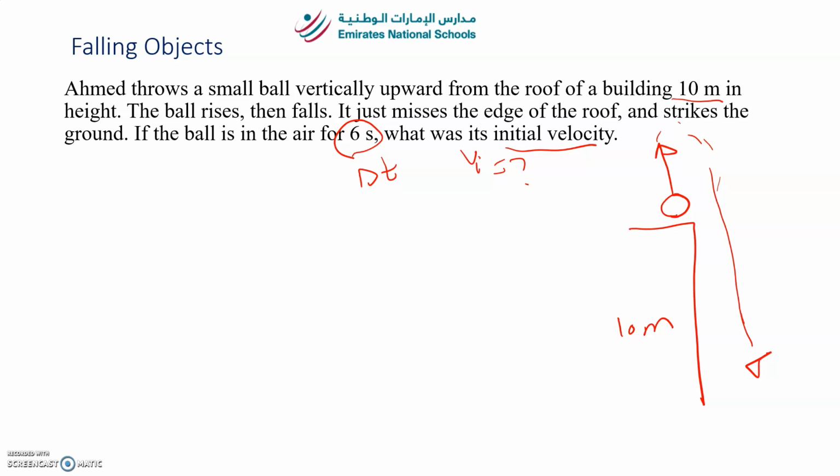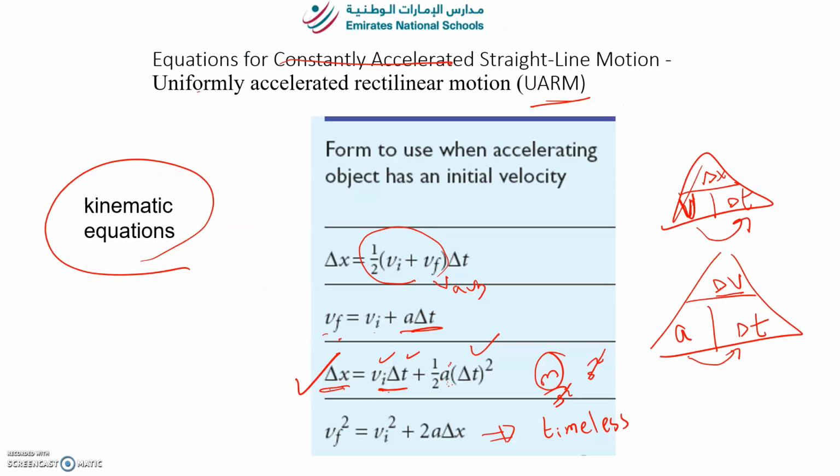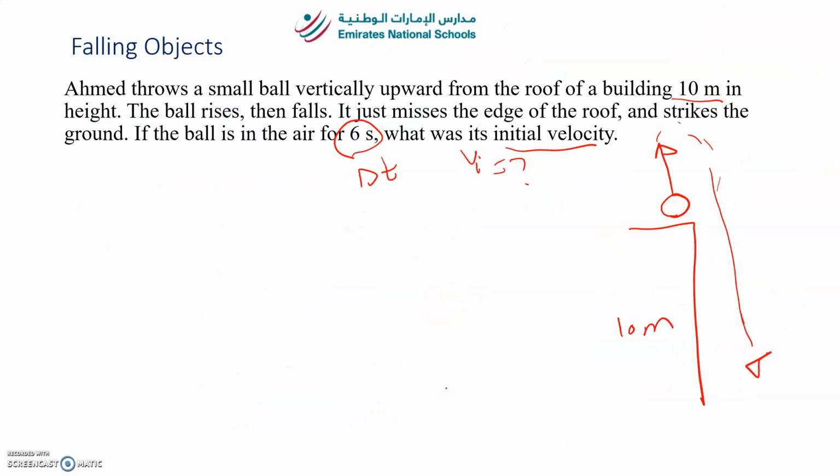Since I have time, I can use the other formula, which is this one. So I can write the formula and apply it. Delta x equals V initial delta t plus half acceleration delta t squared. After I wrote the given, the next step, I should check the units. Are the units consistent? Yes, I don't need to convert. Everything is fine. Just substitute.